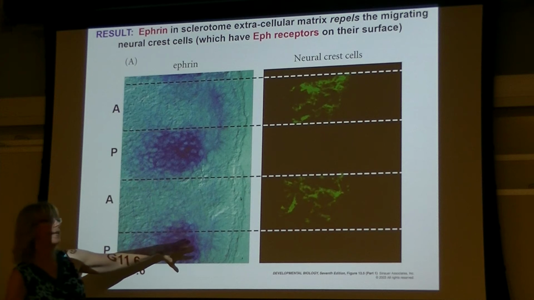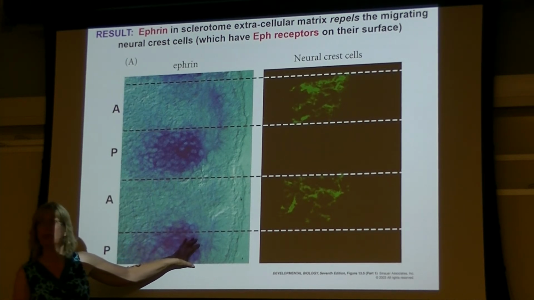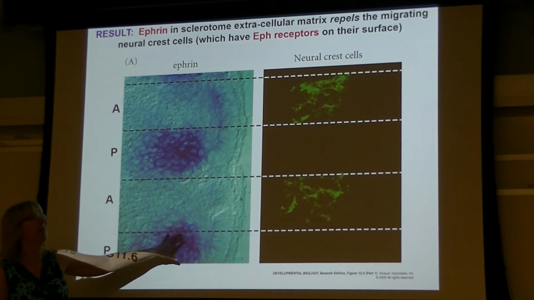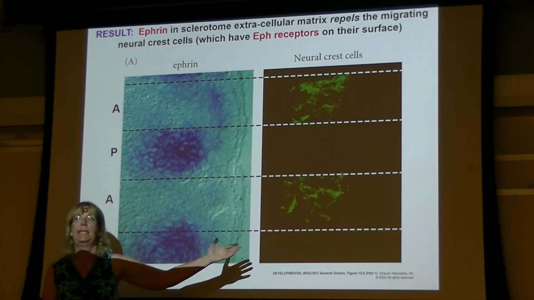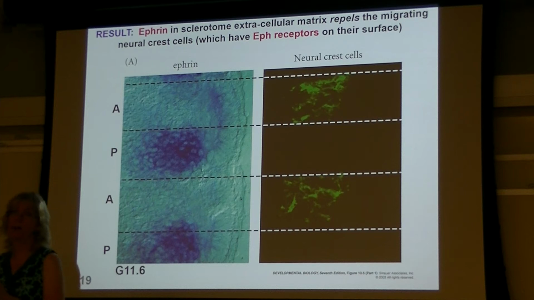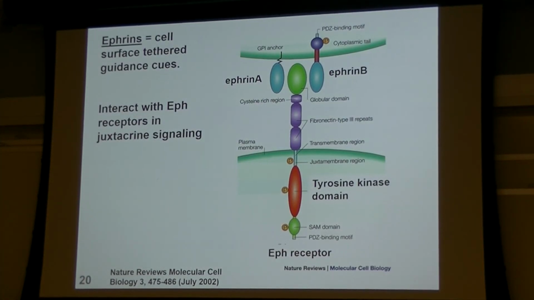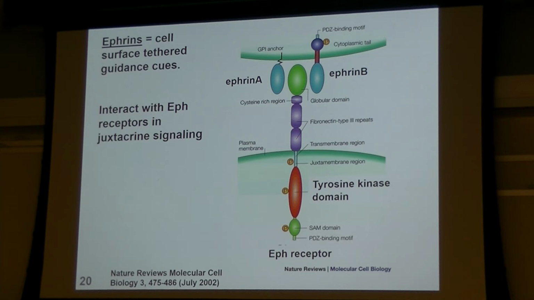The cells within the trunk region, within the somite, are expressing the ephrin, and then the neural crest cells are expressing a receptor to that, an EPH receptor. And that allows them to sense whether or not ephrin is present. So these ephrins and their EPH receptors are another famous signaling molecule within developmental biology that we see popping up with different tissues at different times.